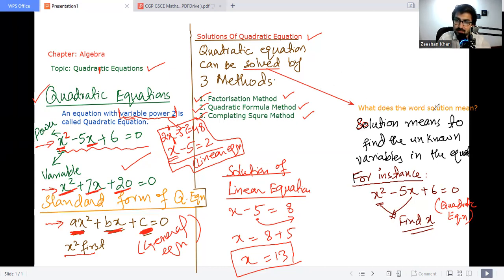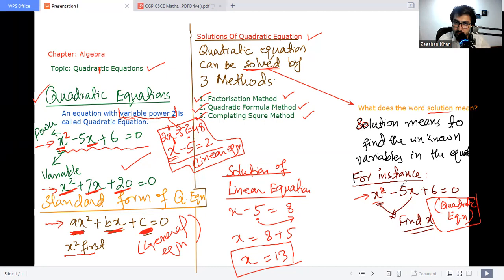Now, what does this solution mean? You can see the word solve, a solution. What does it mean? Solution means to find the unknown variables in the equation. For instance, this is an example: x squared minus 5x plus 6 equals 0. This is a quadratic equation. Why is this a quadratic equation? Because the variable power is 2.